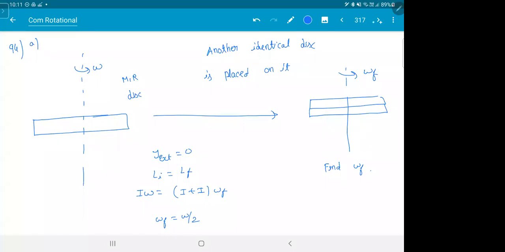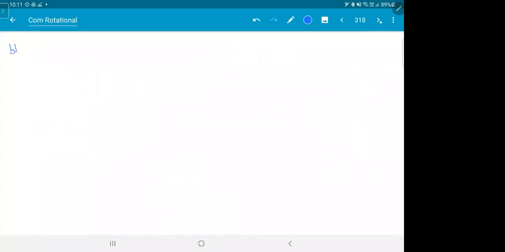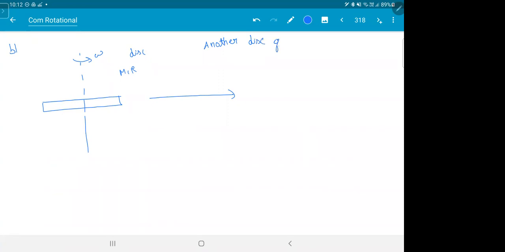Clear? Next one. Same question. We have a disk rotating with omega, mass m and r. Another disk of same thickness and material, but half the radius.